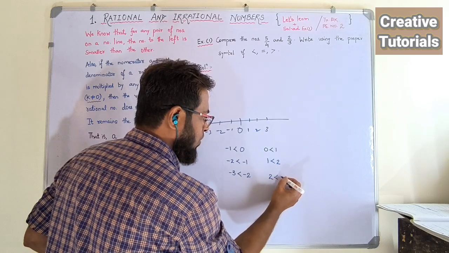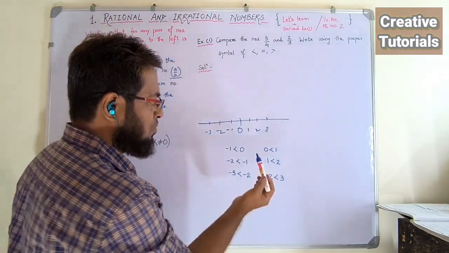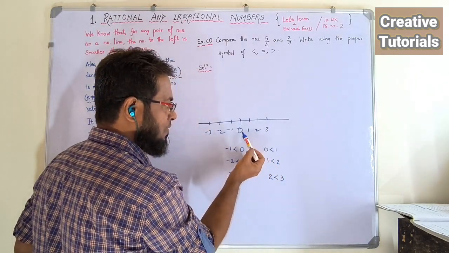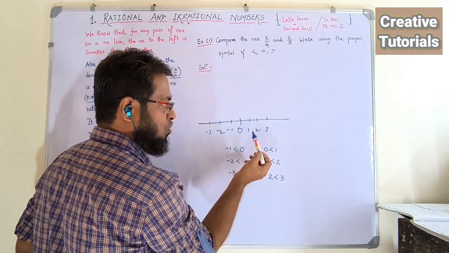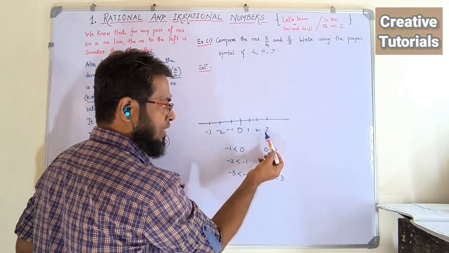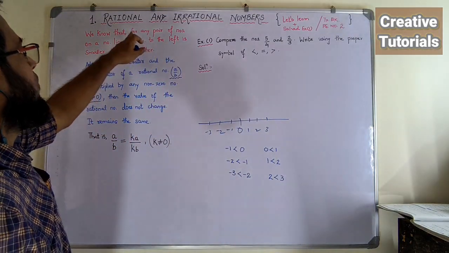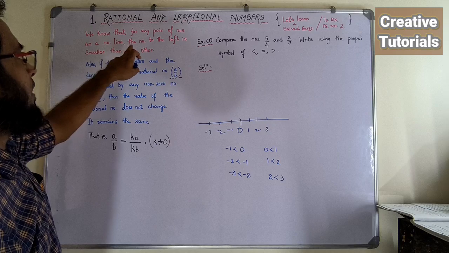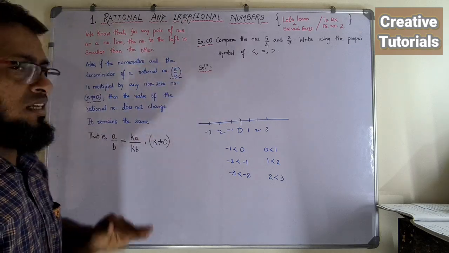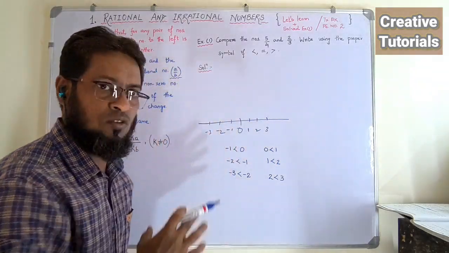And 2 is smaller than 3. And if you see, 0 is on the left of 1. 1 is on the left side of 2. 2 is on the left side of 3. Correct now? That means what it said here, that for any pair of numbers on a number line, the number to the left is smaller than the other. This is the explanation for that.